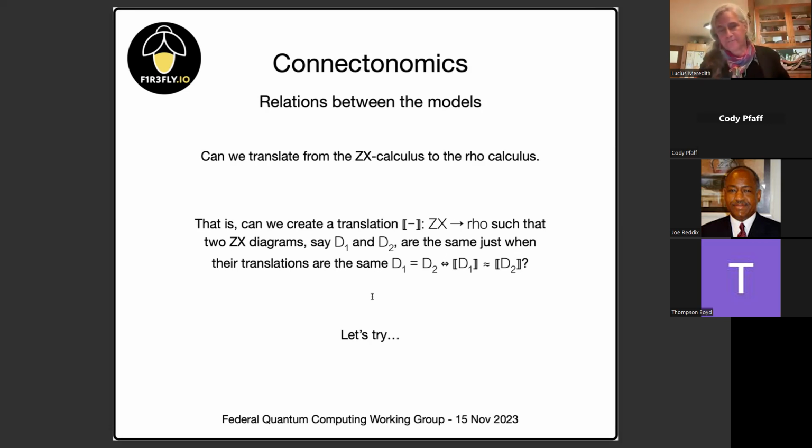Okay. Well, I haven't heard anyone chime in, so let me quickly dip our toes into what might be the relationship between the ZX calculus and the rho-calculus, and this gives us a little bit more of a flavor for what's going on with the ZX calculus and what makes it special.